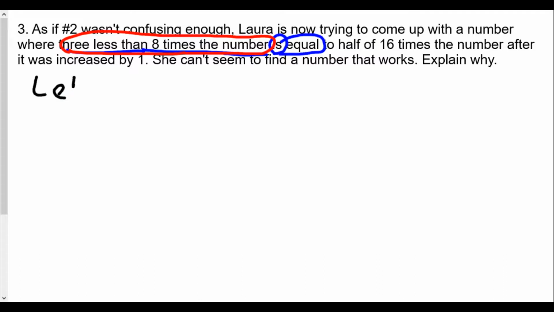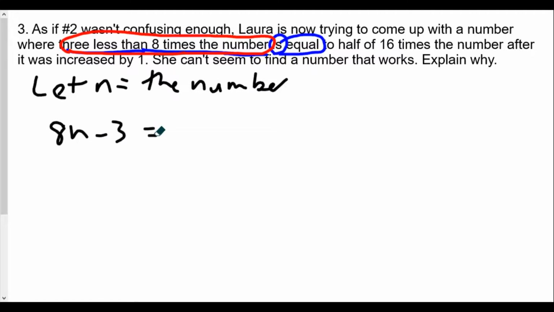You can use x if you want to, that's fine. So 3 less than 8 times the number would be 8n minus 3, is equal to, now let's read the rest, half of 16 times the number after it was increased by 1.